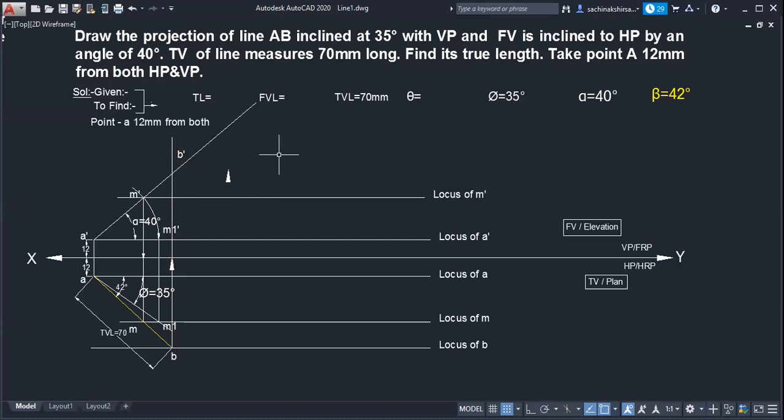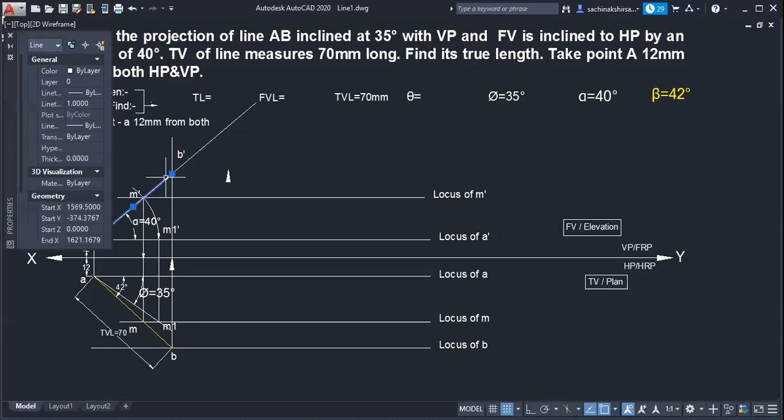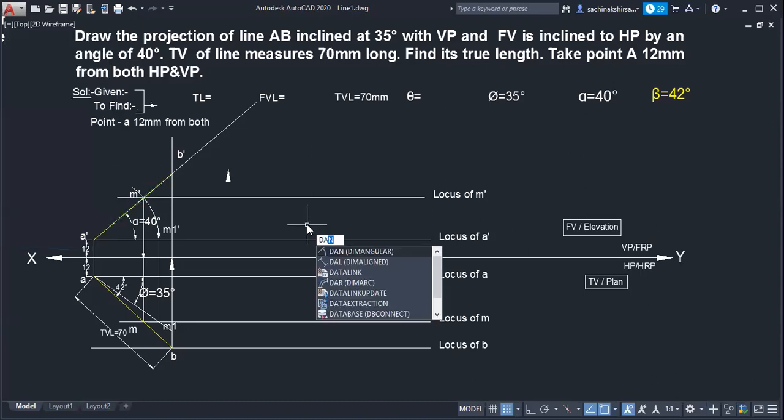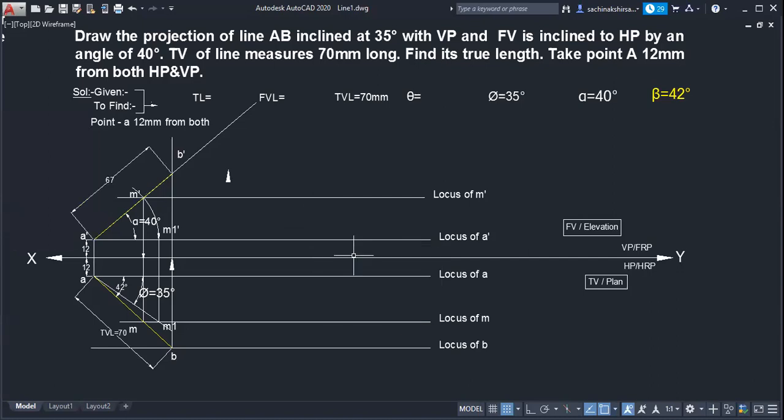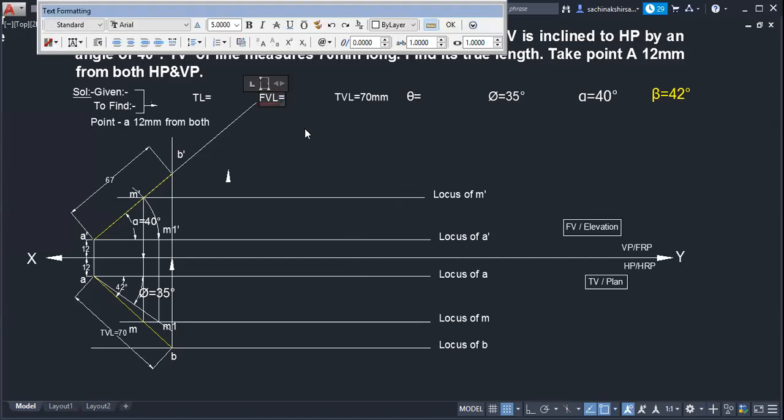So A dash B dash will be which length? FVL. Will you measure and tell how much it is? 69, 68, 67. 67 is the exact answer.